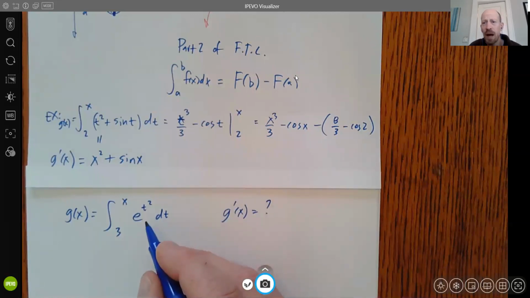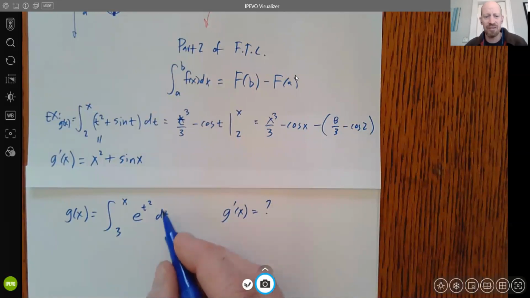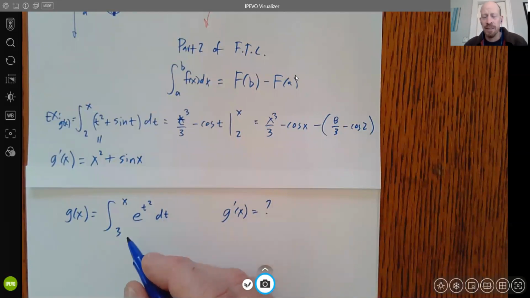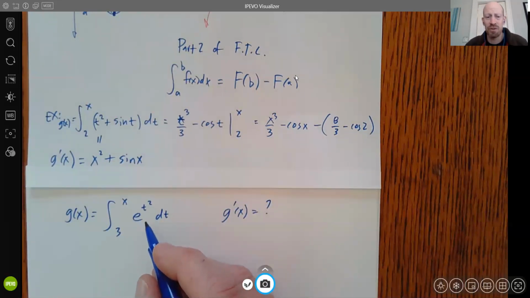Now, the problem with this function is it doesn't look very challenging, but it turns out this e to the t squared does not have an easy antiderivative or an elementary function antiderivative. Like there are kinds of functions we can write that function as an antiderivative, but not like the functions that you're used to or that I'm used to. So there is really no antiderivative for our purposes for this function.